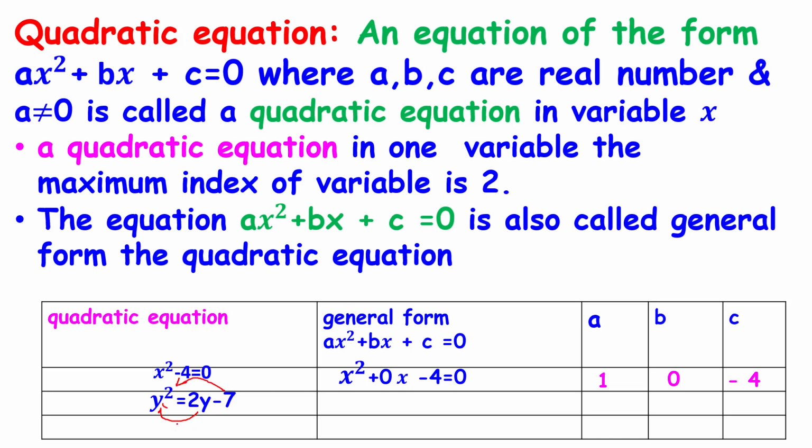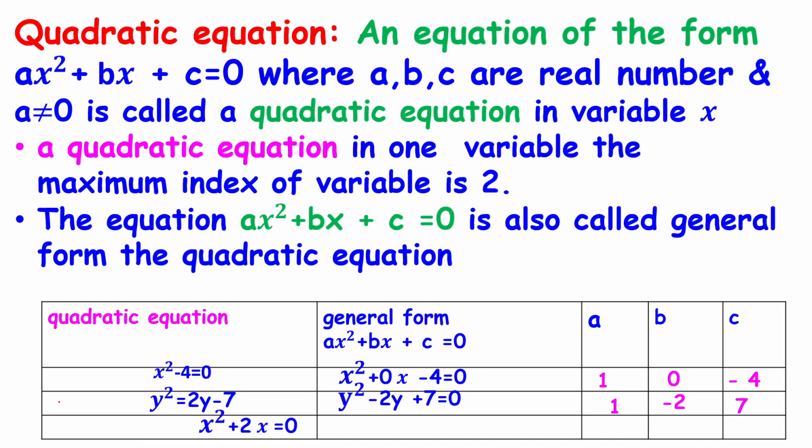That means 2y becomes minus 2y, that means y square minus 2y, and minus 7 becomes plus 7 equal to 0. Compare with the standard form or general form. Here the coefficient of the square term is 1. Therefore a is equal to 1. The coefficient of the middle term is negative 2. Therefore b is equal to negative 2. And the constant term is 7. Therefore c is equal to 7.